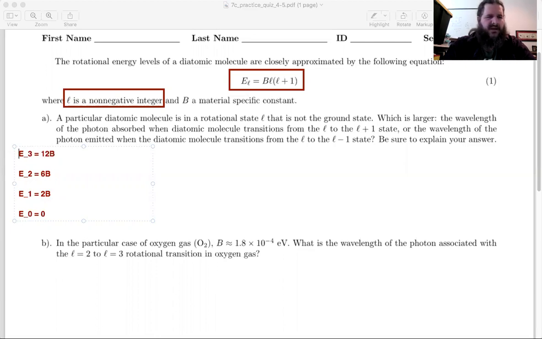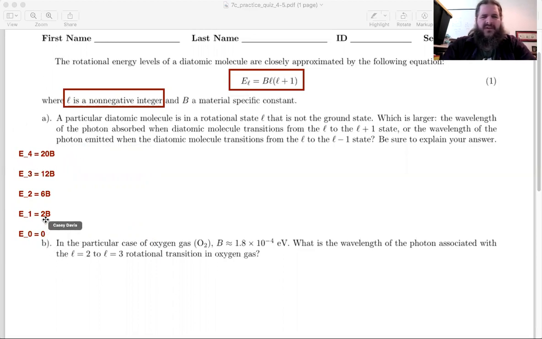Yeah, 12B. Let's go ahead and get E4 also. B times 4 times 5. Looks like that's going to be 20B, right? So we get this list, and we can continue this list as far as we need to of energy values.